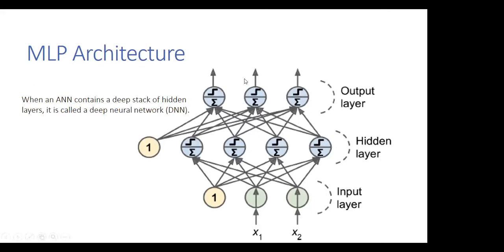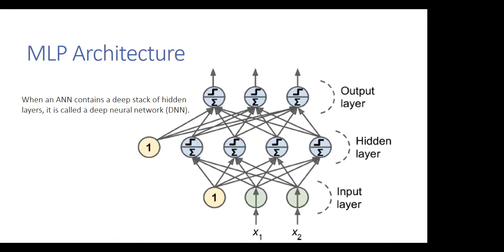And this is the architecture of MLP. With 2 input neurons and 1 bias neuron, and 4 hidden neurons and 1 bias neuron again, and 3 output neurons, which you can see are fully connected to all the neurons in the next layer.